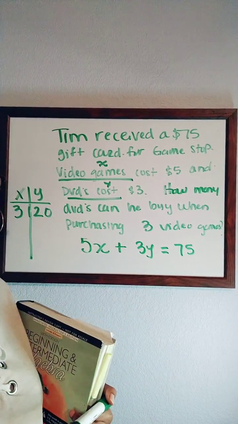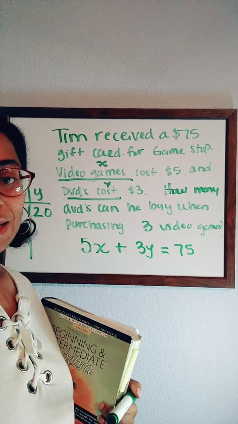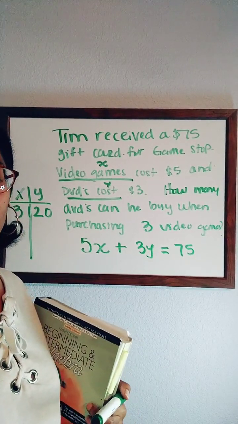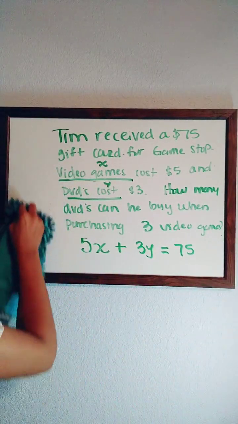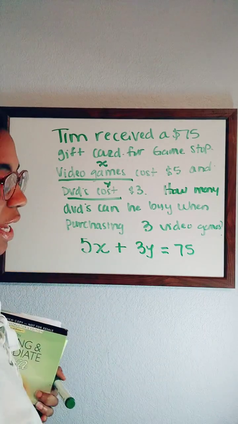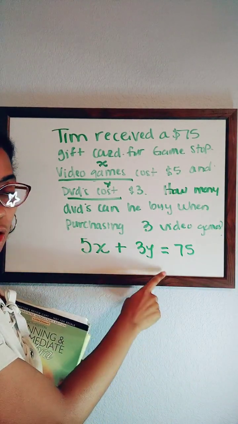Remember, we have an infinite number of solutions. So I'm not actually going to multiply the 5x and the 3y together. What I would do is insert values into the equation to solve.